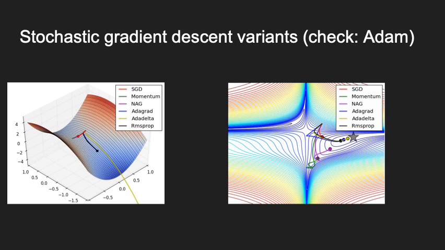To solve this issue, researchers came up with different methods that all modify the standard stochastic gradient descent algorithm. Some of these methods use momentum, others use scaling of the gradient to force the exploration of regions that have not been explored before, and finally a third class combines both momentum and scaling.